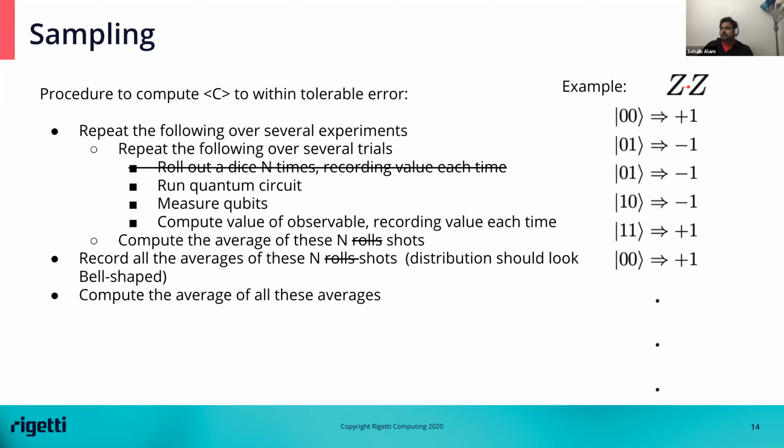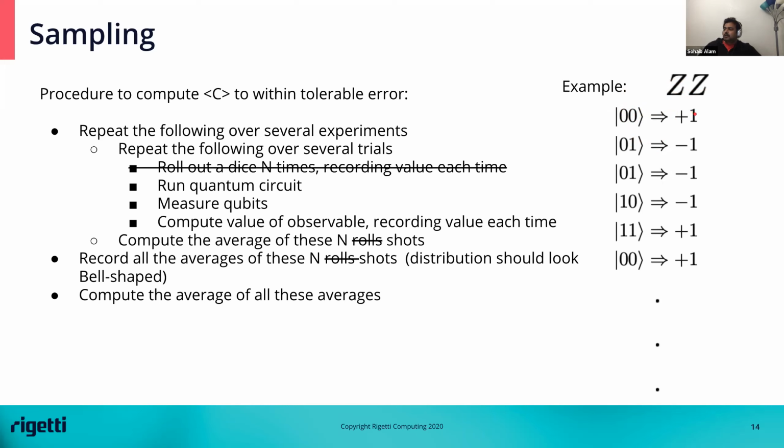But if you're, say, measuring the observable Z, and you read out the bit string 00, then if you remember from last time, Z acting on 0 gives you just +1 times 0. Z acting on 1 gives you -1 times that state again. And so this basically takes on value +1 and -1.